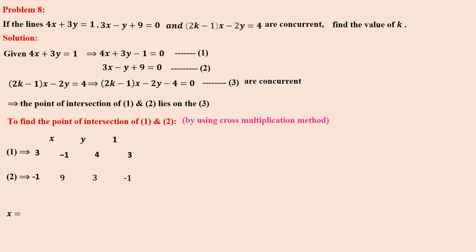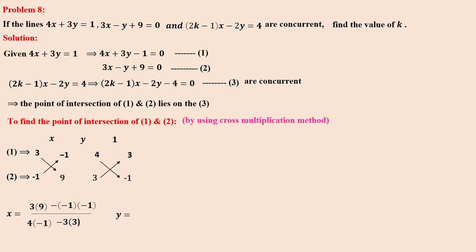So 3 into 9 first, numerator 3 into 9, then minus of minus 1 into minus 1, whole divided by the constant term, 4 into minus 1, minus 3 into 3.